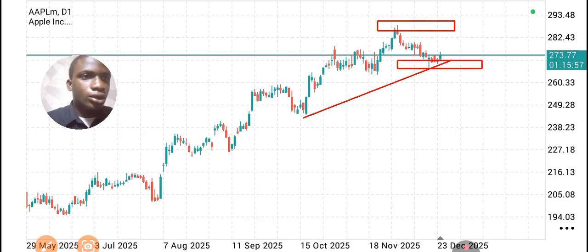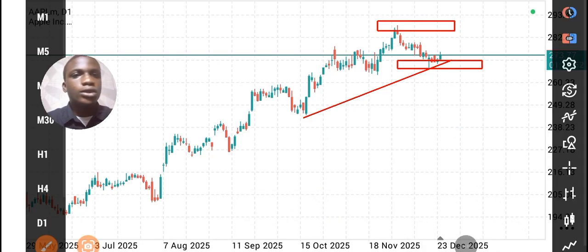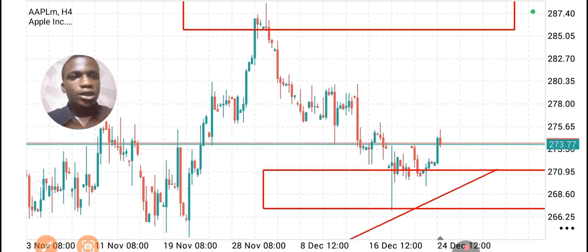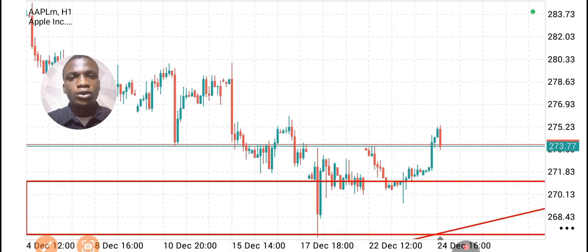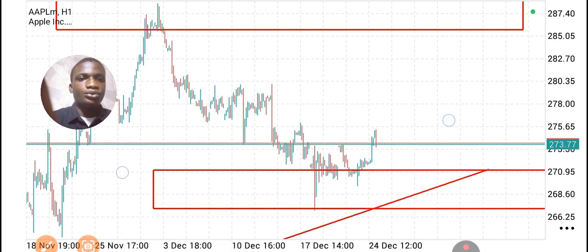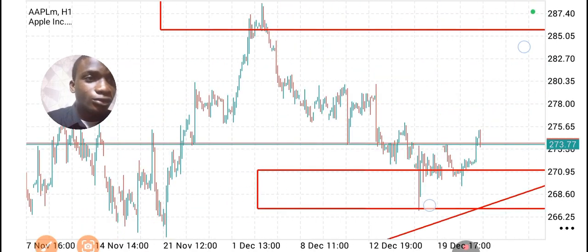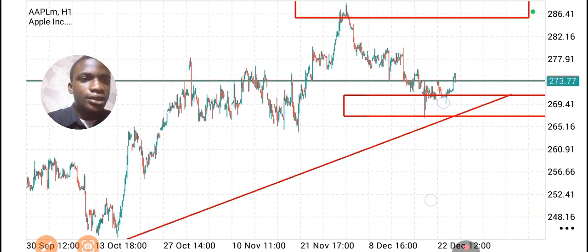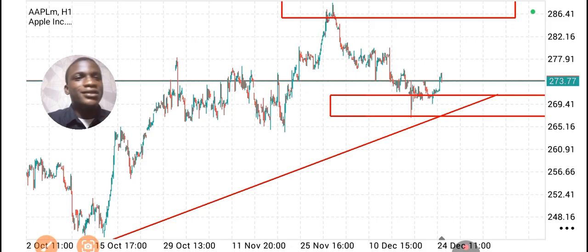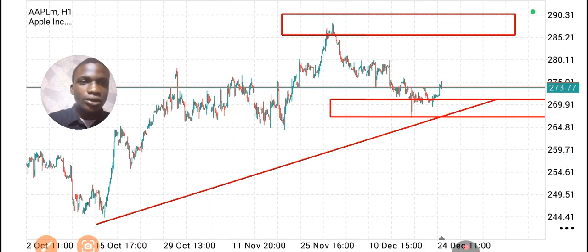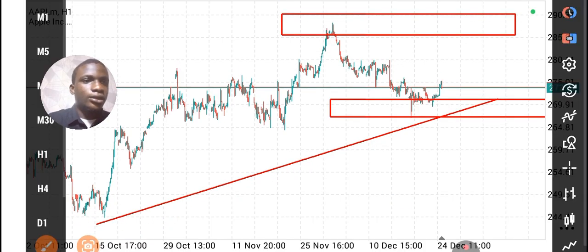Okay, good. So let's go to 1 hour and let's check H4. Looking pretty good. And the 1 hour time frame. If you can see, I'm using another device entirely, so I've not edited the color. So let me edit the zone.